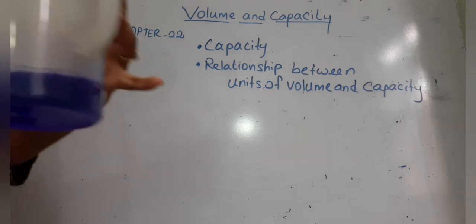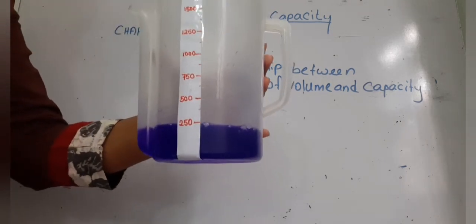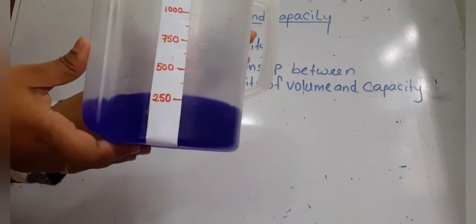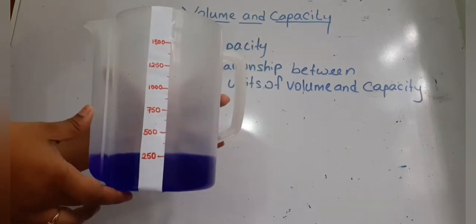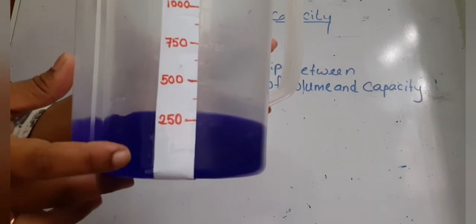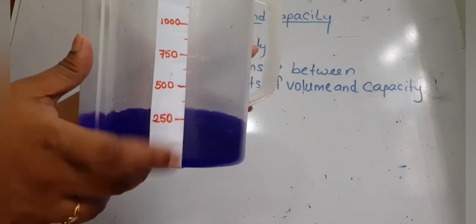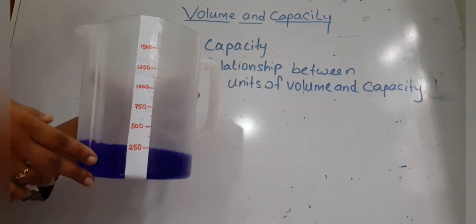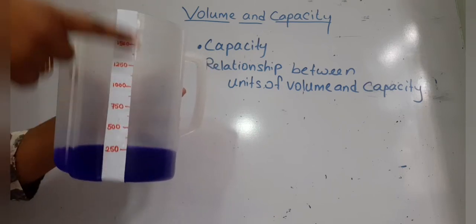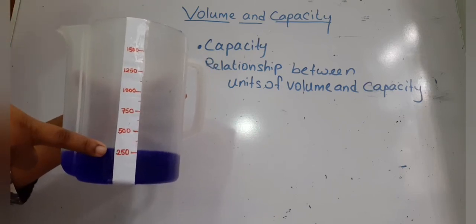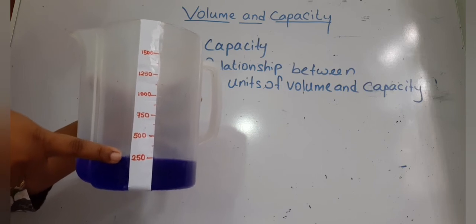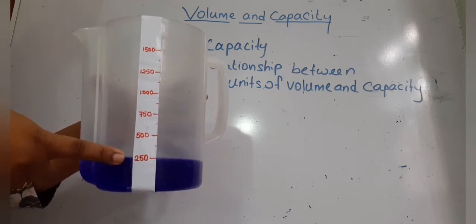Now you are able to see the amount of liquid poured into this container is currently at 250 milliliters. But you can even pour more into this container. So it is not filled to its maximum actually.